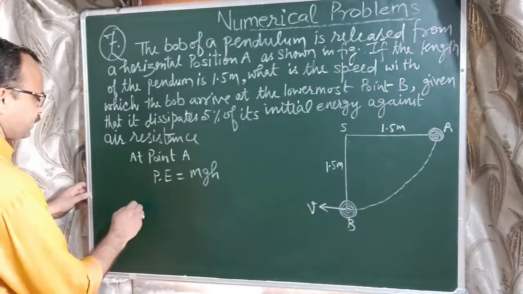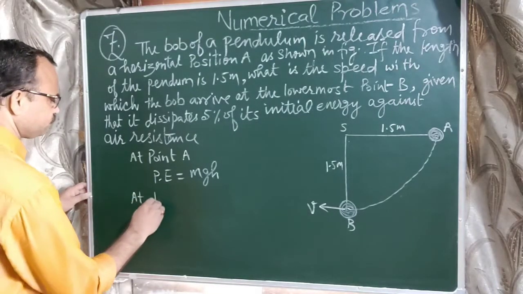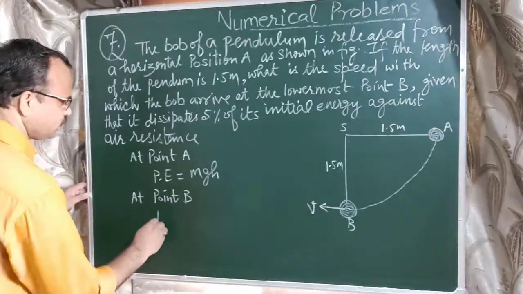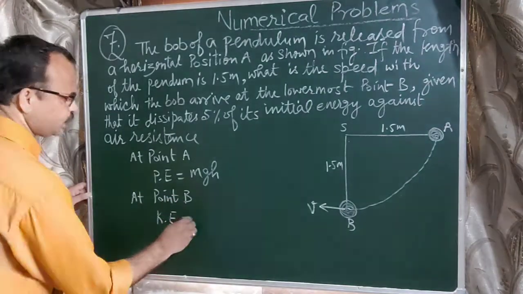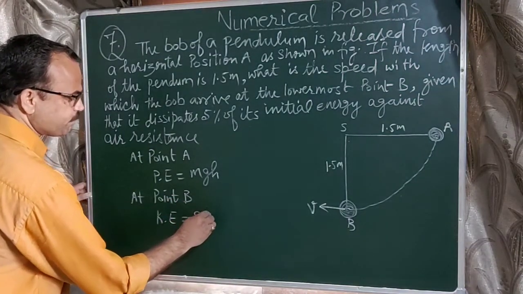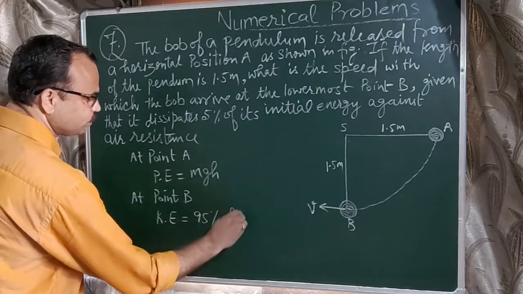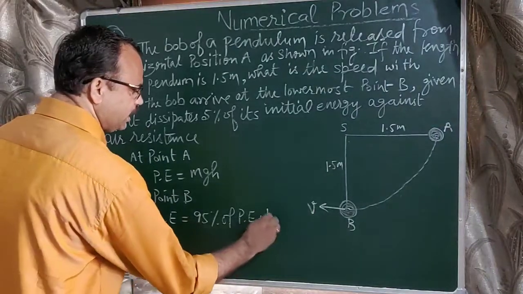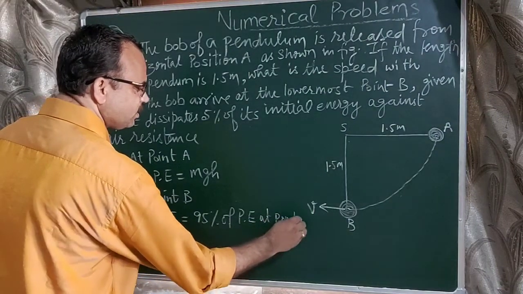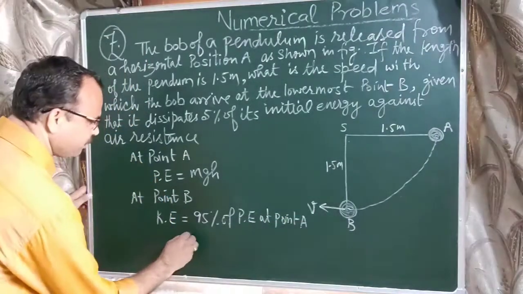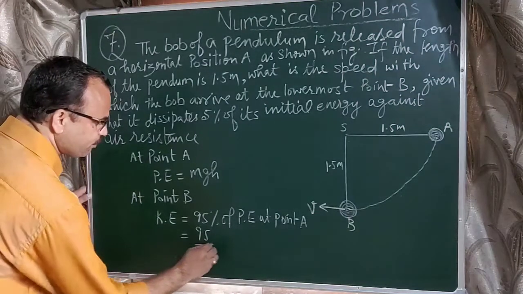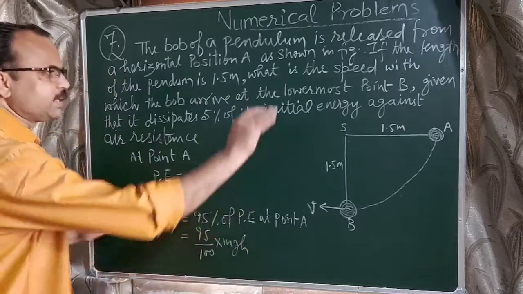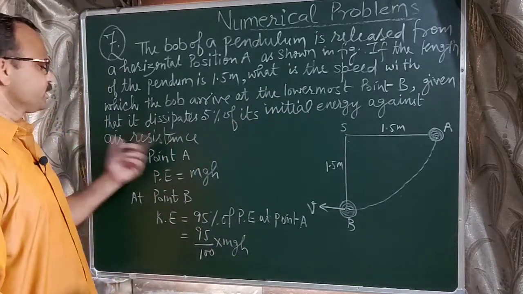So we can write at point B, kinetic energy is equal to 95% of potential energy at point A. Okay, it means 95 upon 100 of mgh, because 5% is lost against air resistance.